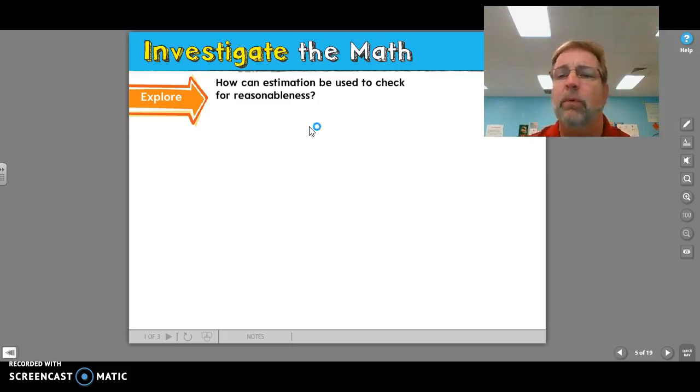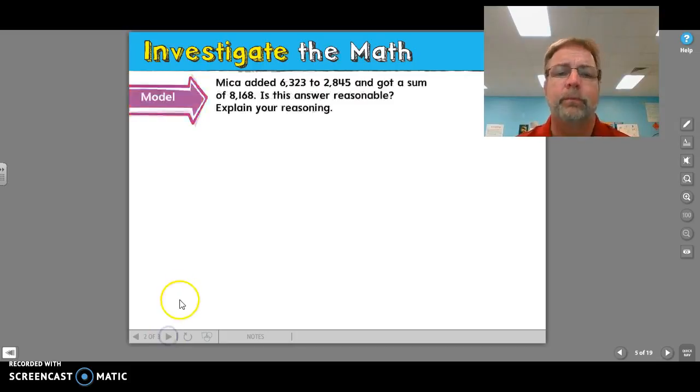So that is very important, not just in math class, but in life as we go out and we are trying to figure out how much we bought at the store or figuring out how much material we need. We need to make sure that we can estimate to check to see if our exact answers are reasonable.